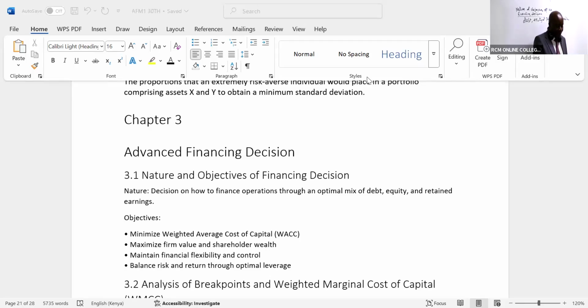Number three, maintain financial flexibility and control.